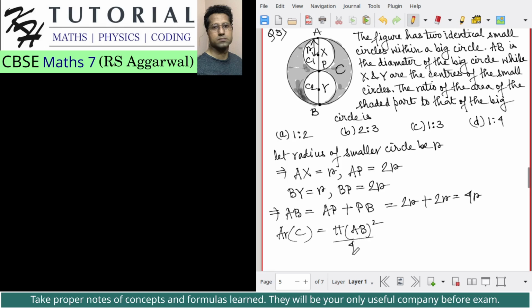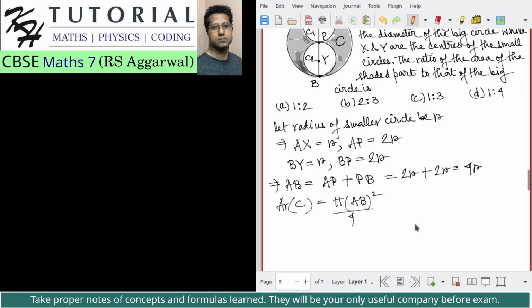Since AB is the diameter of the bigger circle, we know that if D is the diameter of a circle, its area is pi D square by 4. So its area will be pi AB square by 4, and AB we know is 4r. So this will be pi times 16r square by 4, which is equal to 4 pi r square.